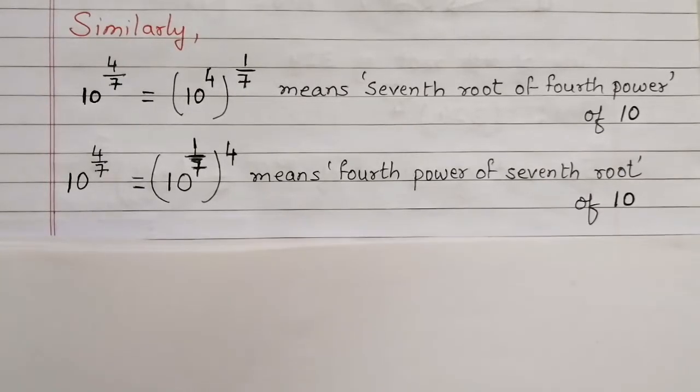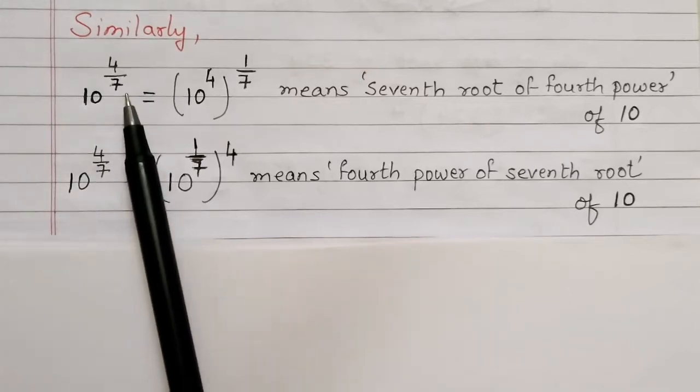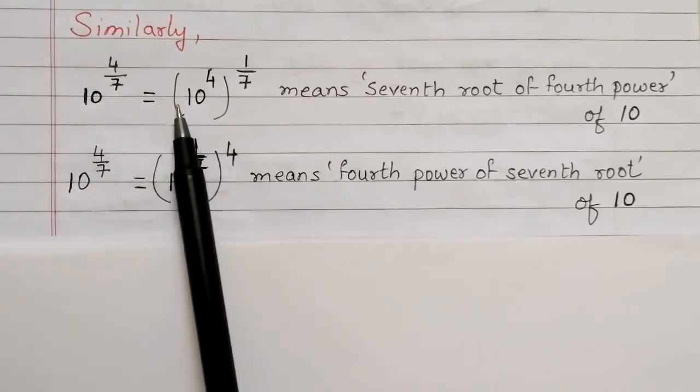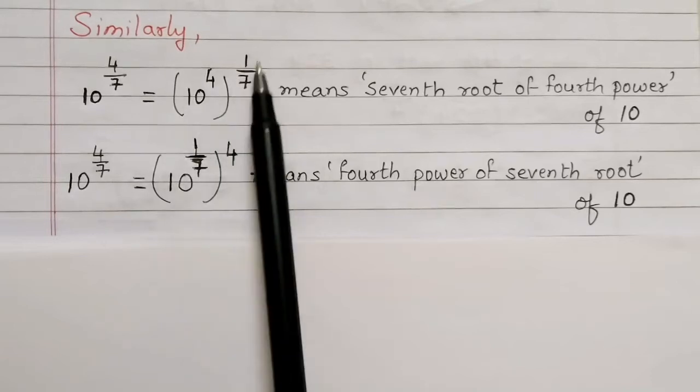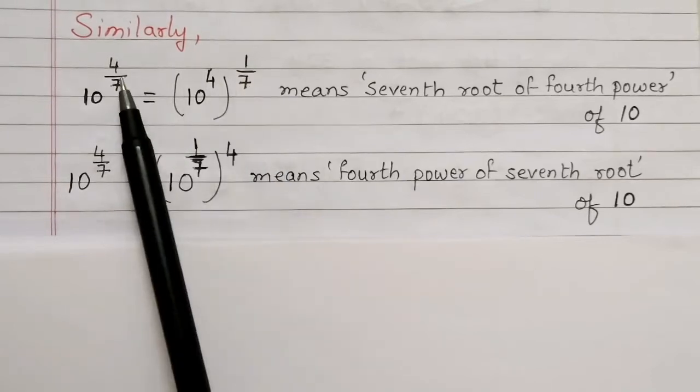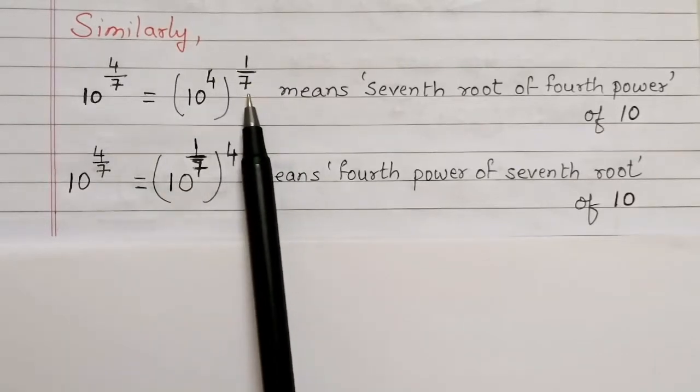Similarly, 10 raised to 4 upon 7 can be expressed as 10 raised to 4 whole raised to 1 upon 7. 7 is in the denominator, so it can be written as 1 upon 7.